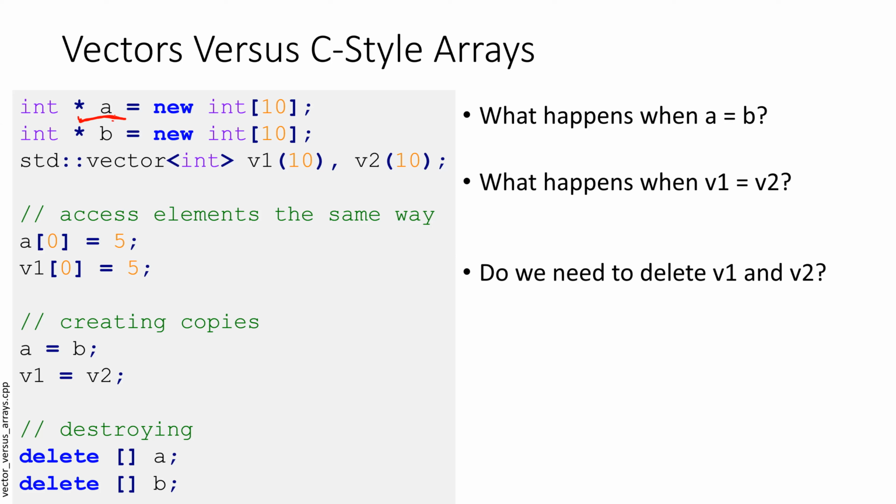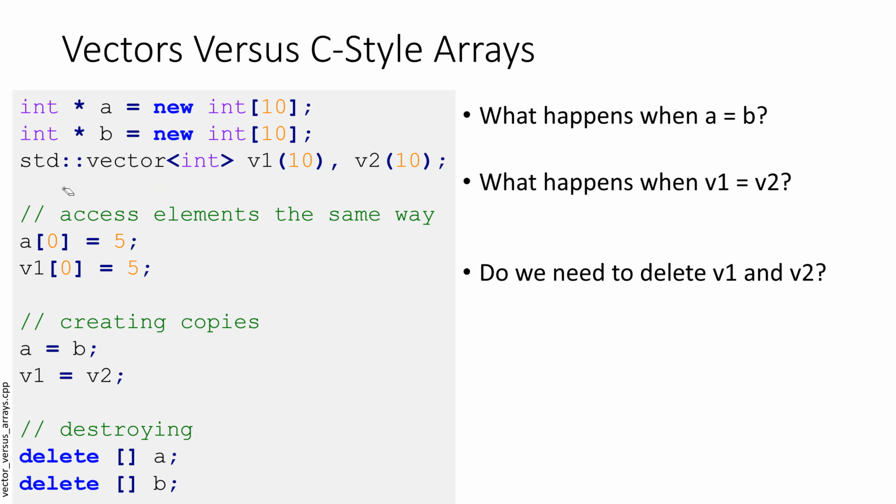I take a pointer called A, and I make it point at an array of 10 integers that I just created with new. Here I make a pointer B, and I make it point at a different array of 10 integers that I just created. Or I could make vectors. Here I make vectors of integers, and I call them V1 and V2, and they both have 10 entries as well. So after these lines of code, I've got 2 vectors that have 10 entries, and 2 C-style arrays that have 10 entries.